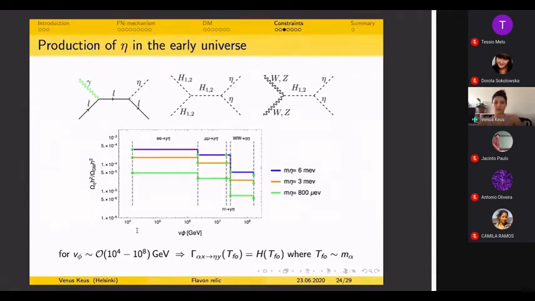But before I get to that sad story, if you want to see what kind of bounds you have on the abundance of your particle, you also have to look at the production processes. So we looked at all the interactions that eta had, trying to see, at different VIVs, which processes would be the dominant ones producing eta.